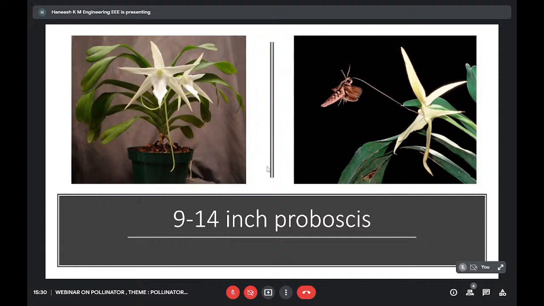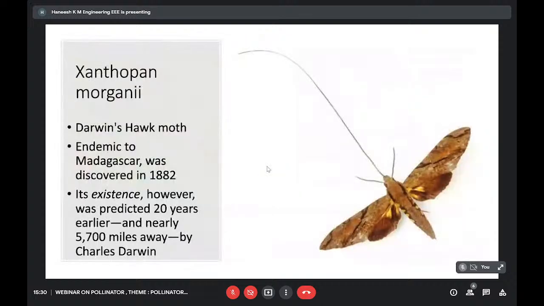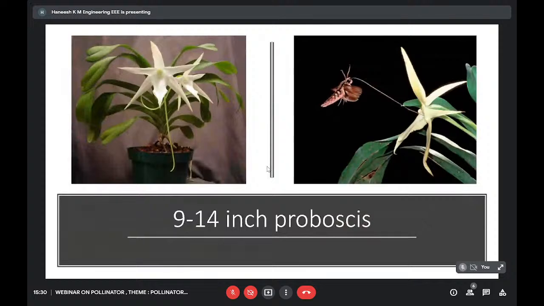He predicted the existence of such a creature. After 20 years, they discovered this particular hawk moth with such a long proboscis. You can see that it has a proboscis of 9 to 14 inches, so it is huge for a small moth.